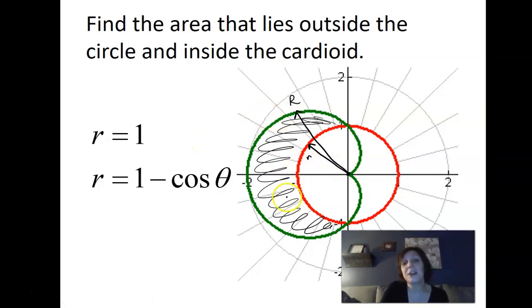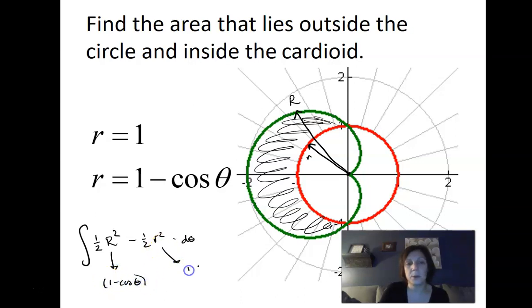My limits of integration are going to switch here as well. So I know I'm going to have 1/2 my big R squared minus 1/2 little r squared, right? And we said that big R is going to be the cardioid, and the little r is going to be 1. It's going to flip-flop it.